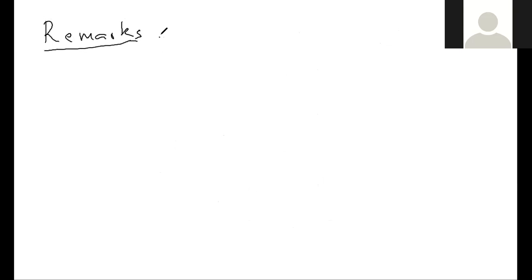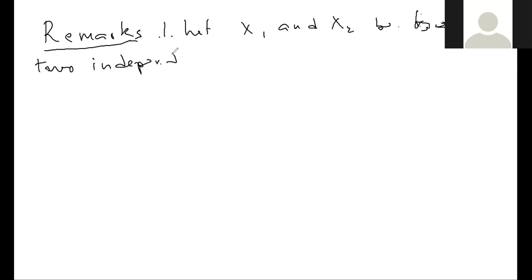The first one is that if we have two independent Poisson distributions, then the sum of the random variables is what? Let X1 and X2 be two independent Poisson random variables.